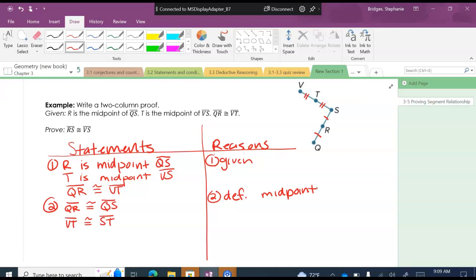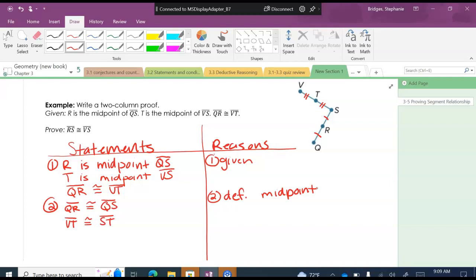So far, so good? Now, it wants me to prove that RS and VS, no. Hold on, there's a typo. I've got to figure out where it is. QR and VT are congruent. That is a typo.